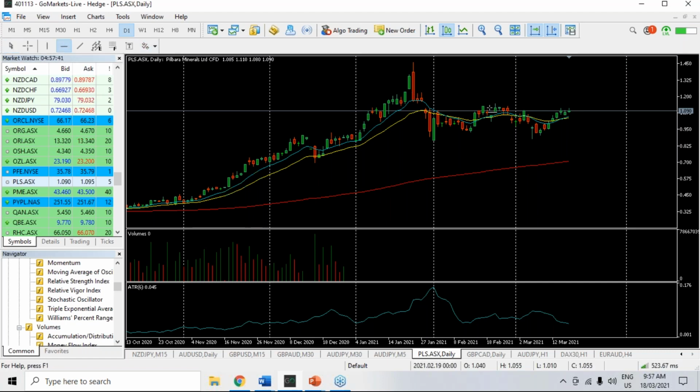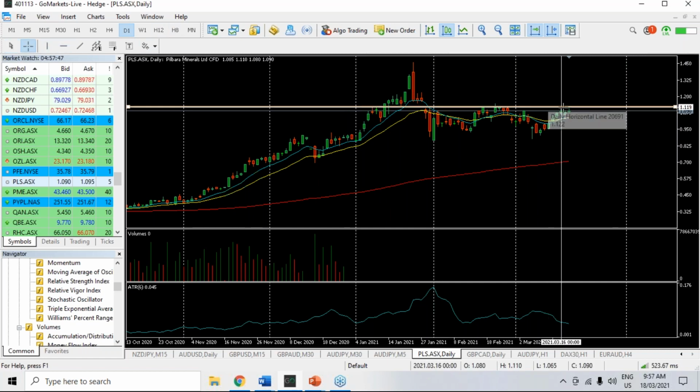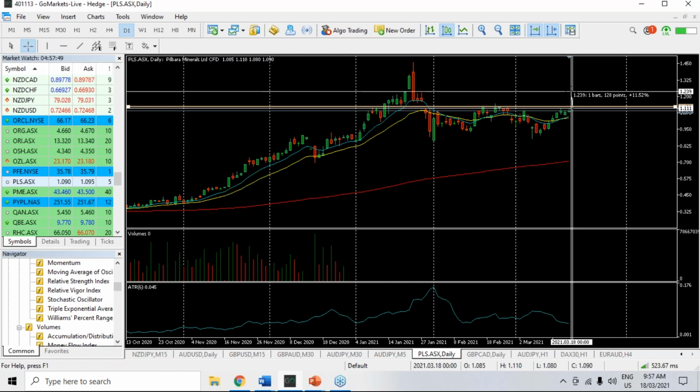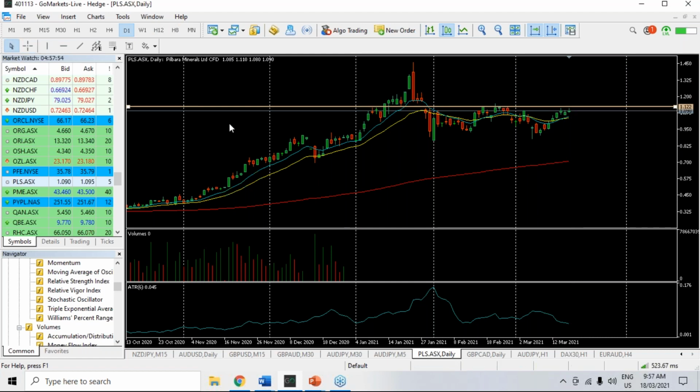But there's the level that we're looking at with Pilbara Minerals. So 112, even a move up to around 123 would be a push up of around 11%. So there's a couple of things there that are looking good.